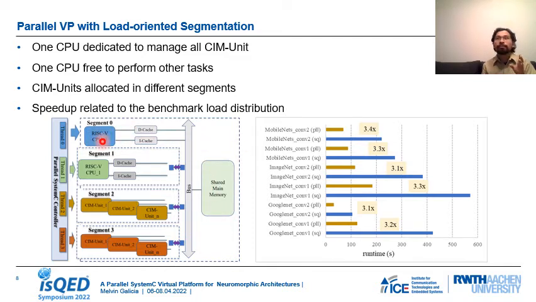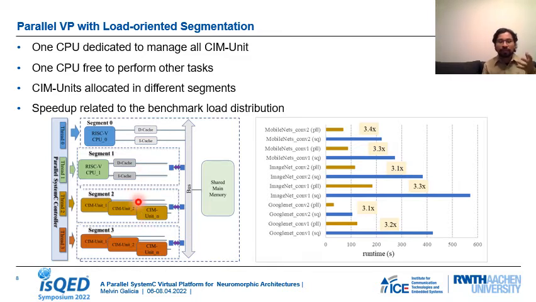This CPU can be used to run a different type of benchmark, while one RISC-V, which is in charge here, in this case, is in charge of orchestrating all the compute-in-memory units. That's the way we did it for this specific architecture.